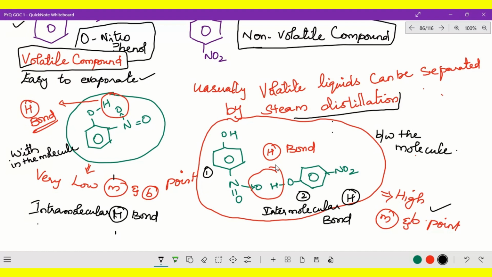Whereas within the molecule, that hydrogen oxygen bonding, generally gives low melting and boiling point. Intramolecular hydrogen bond is a very strong hydrogen bond comparatively. See, paranitrophenol has intermolecular hydrogen bond. Orthonitrophenol has intramolecular hydrogen bond.